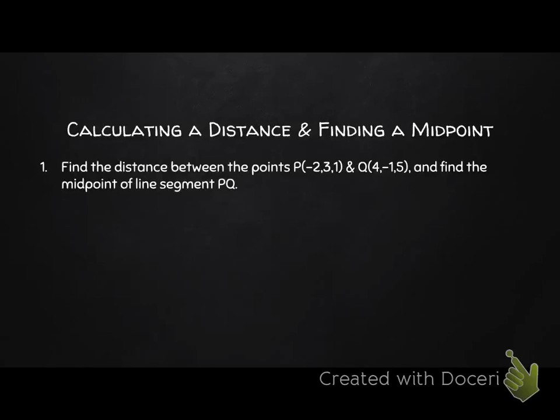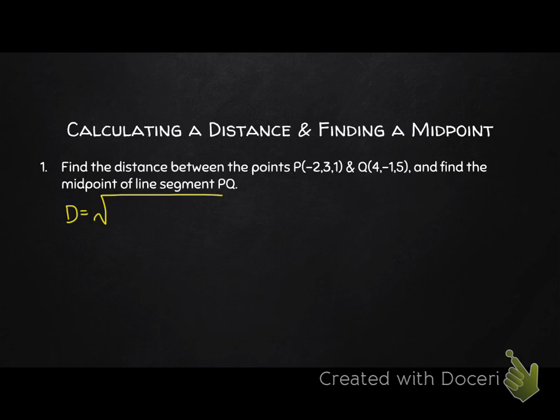The distance between the point P, which is (-2, 3, 1), and point Q, which is (4, -1, 5), right? So we have the distance equation that we'll use. Distance is equal to the square root of the differences of your x, your y, and your z, all those individual squares.